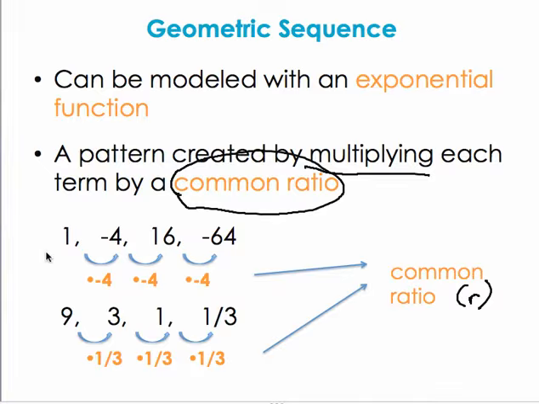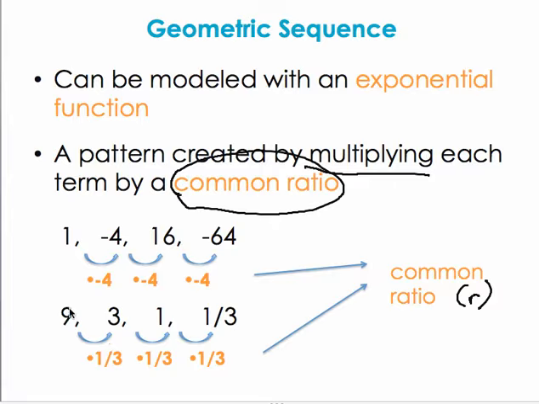Okay, so if we look at our first sequence, 1, -4, 16, -64, we can see that we are multiplying by -4. So our r is equal to -4. 1 times -4 is -4. -4 times -4 is positive 16. 16 times -4 is -64, and so on.